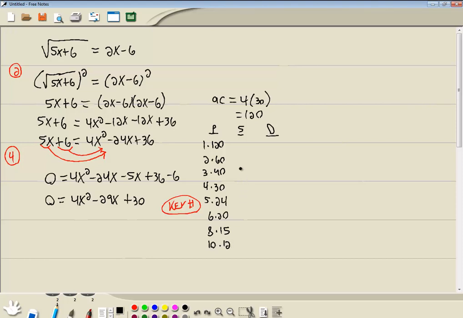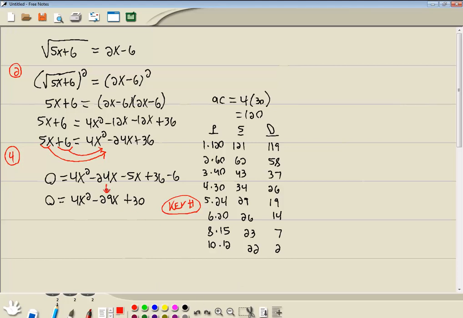The S column, we add these together. 1 plus 120 is 121. 2 plus 60 is 62. 43, 34, 29, 26, 23, 22. Difference column, we subtract smaller from larger. 120 minus 1 is 119. 60 minus 2 is 58. 40 minus 3 is 37. 26, 19, 14, 7, and 2.